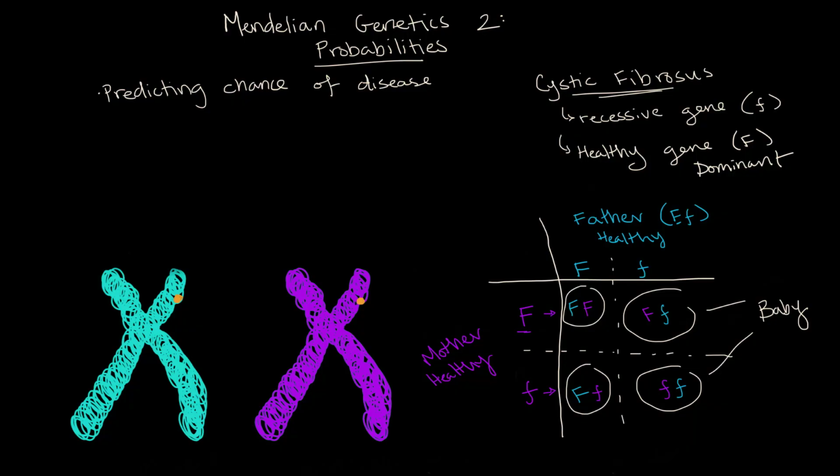Okay, so we know from the last video that dominant genes are the ones that show up. So big F and big F, this is the healthy gene, this is the dominant gene. So big F and big F, this baby is going to be healthy.